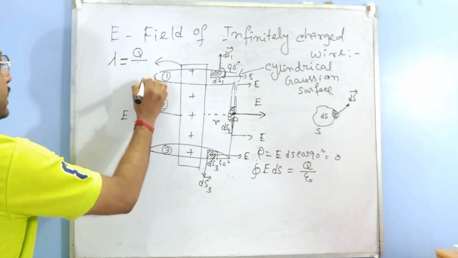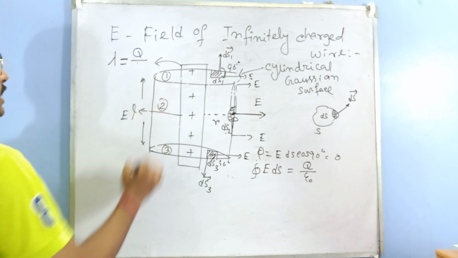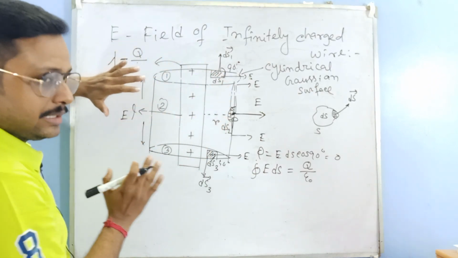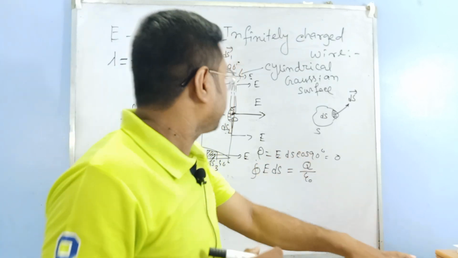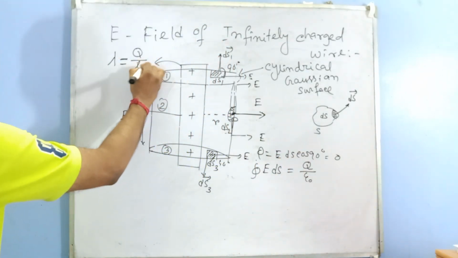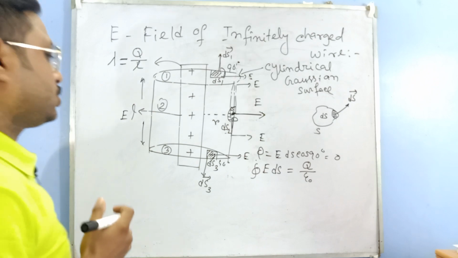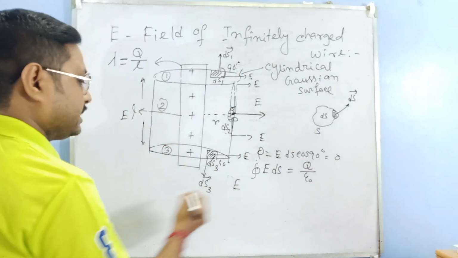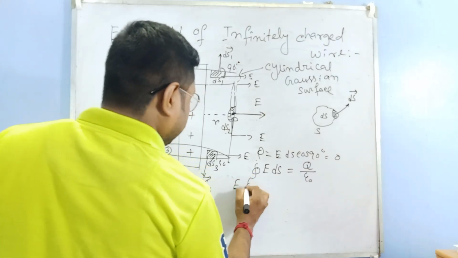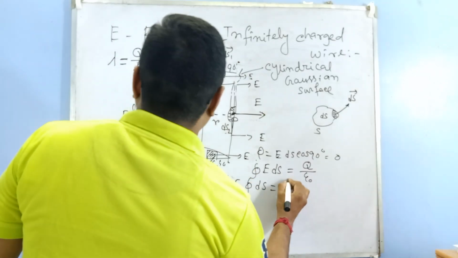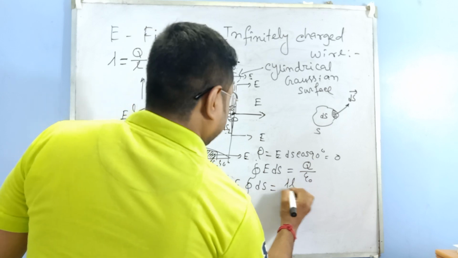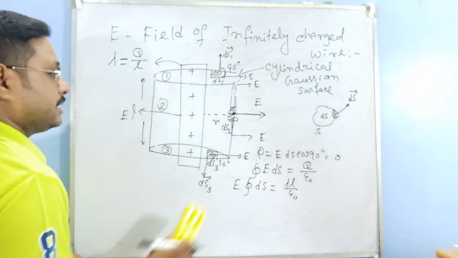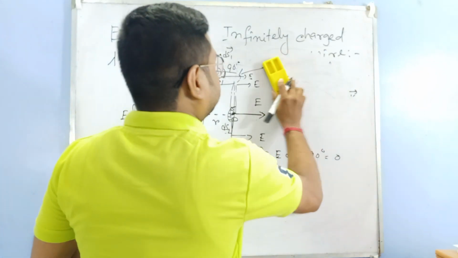For convenience we take the length of the wire as L, that is it is finite. So in this case lambda equals q by L, so q equals L lambda. Therefore, as E is constant, it is taken outside the integral, so E times the integral of dS equals q by epsilon naught, that is lambda L by epsilon naught.